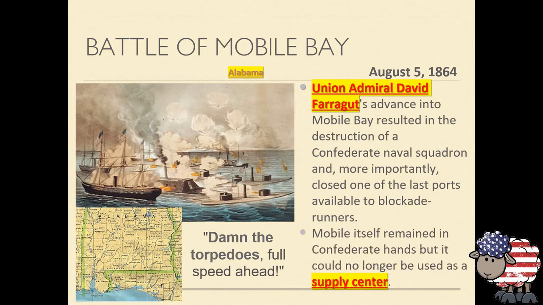There are mines in the water to try to prevent the North from capturing Mobile, so it couldn't be used as a supply center. So now the North has captured New Orleans and Mobile, Alabama, and that's very significant.